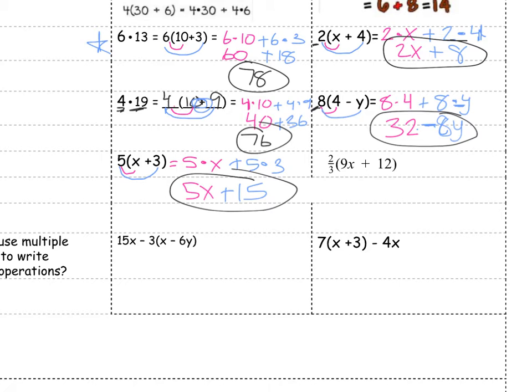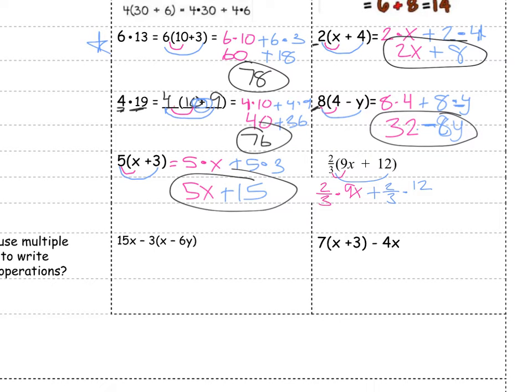So let's think about this next one. 2/3 times 9x plus 12. So good thing we just had a multiplying fractions unit. 2/3 times 9x. So when we're thinking about multiplying fractions, 2/3 times 9x. And then we're adding 2/3 times 12.